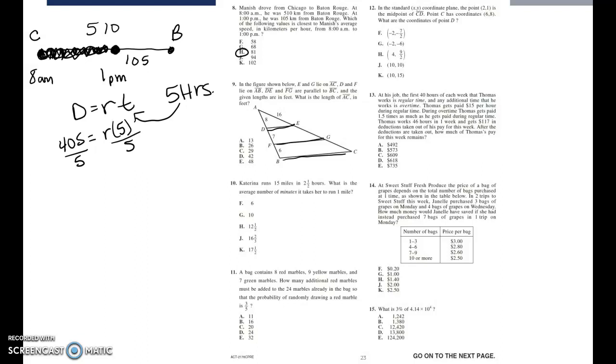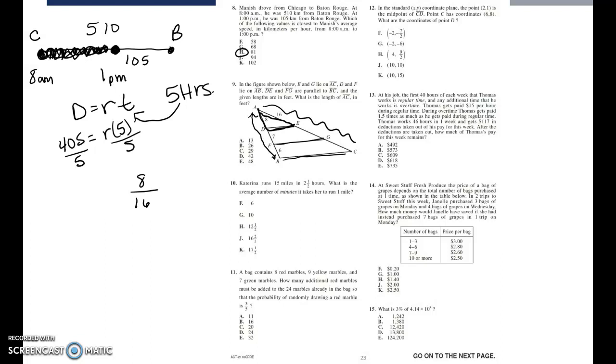Let's look at this tiny triangle right here, ADE. You know this side is 8 and this side is 16. 8 to 16, that's your ratio. Well, we're looking for this whole thing. What is the total of this length?